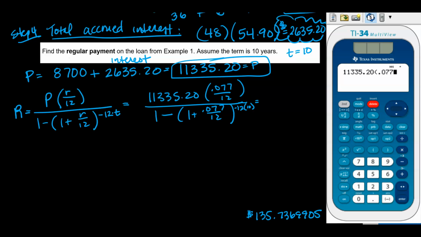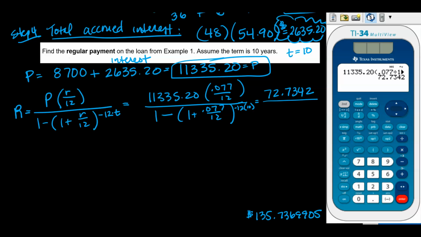And then for the 12, I'm going to press the division sign, because 0.077 over 12 is the same thing as divided by 12. In some calculators it'll look like a forward slash, and that's okay. Then I'm going to hit enter. For the numerator, I'm going to write down that answer, 72.7342, and then I'm going to do the bottom.